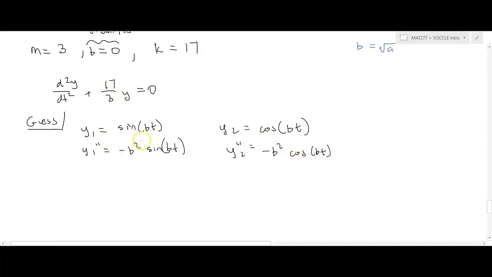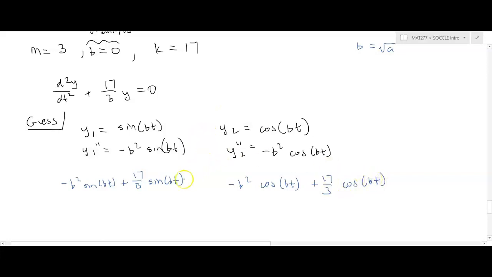Now, to find out what value of b will make this equation true, all we have to do is take negative b squared sine of bt, that's my second derivative. So over here we'll have negative b squared cosine of bt, plus 17/3 of y, which is sine of bt. And same thing here, except plus 17/3 y, which is cosine of bt.